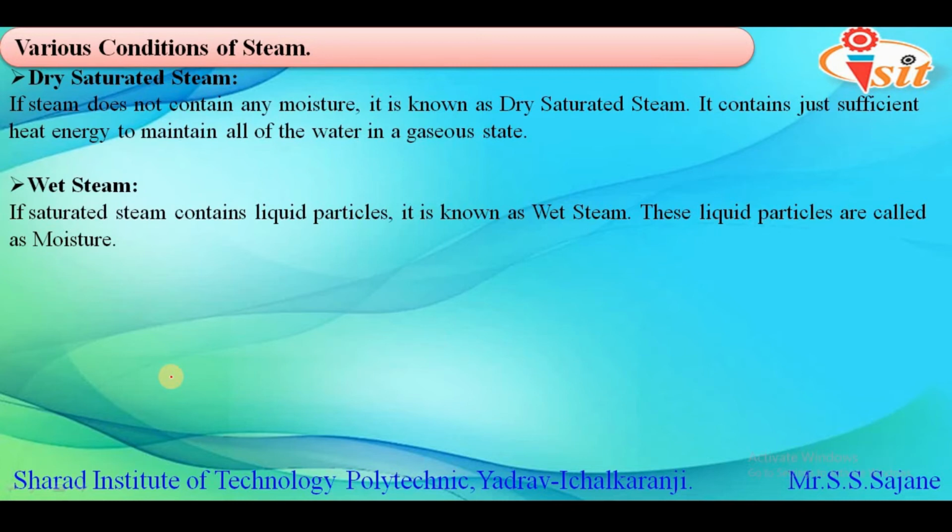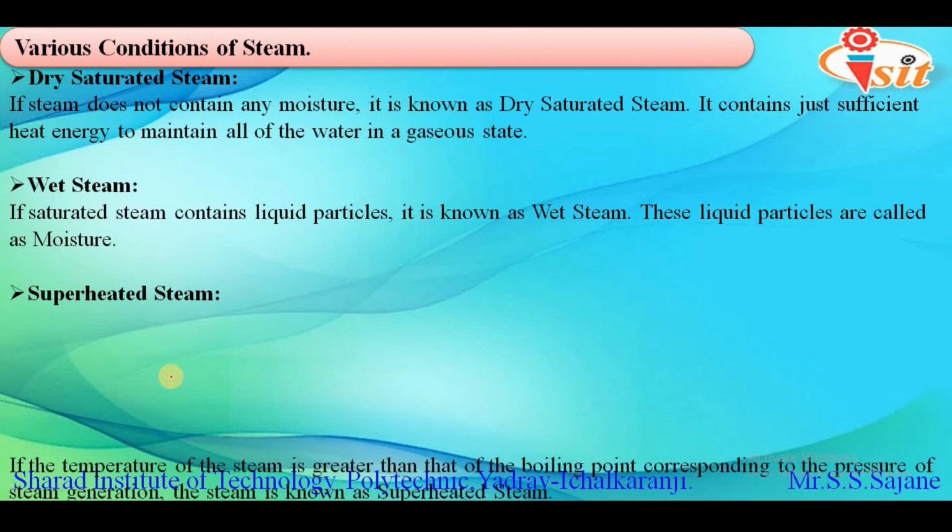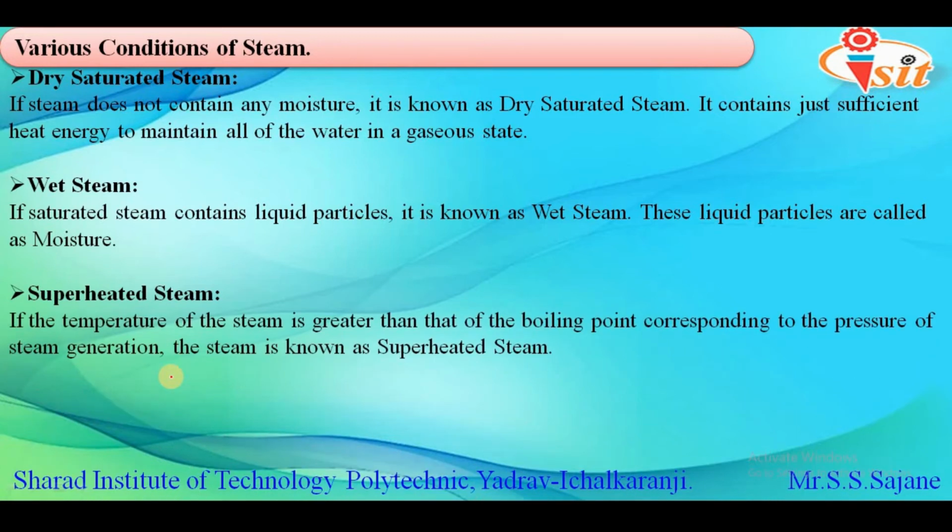After wet steam, we have another type of steam called superheated steam. If the temperature of the steam is greater than the boiling point corresponding to the pressure of steam generation, then the steam is called superheated steam.